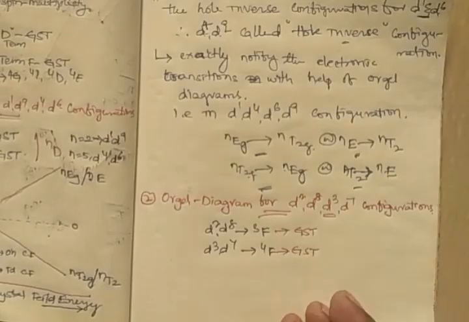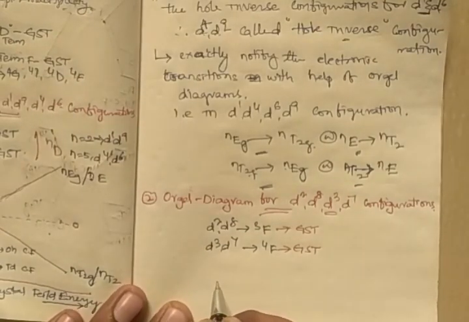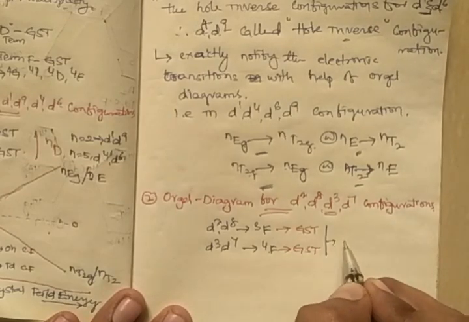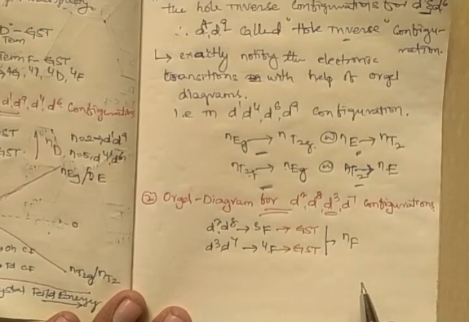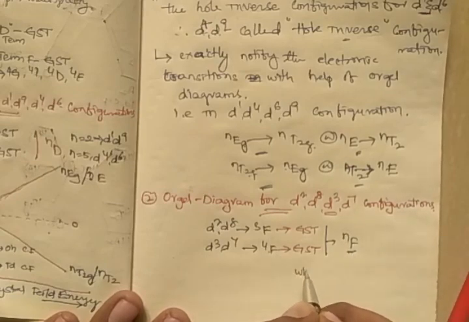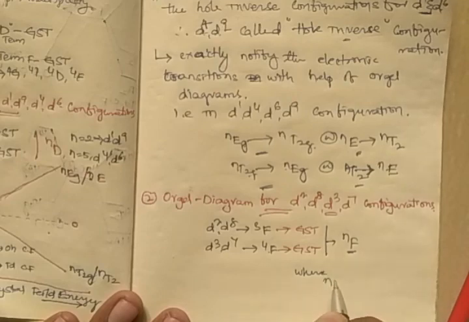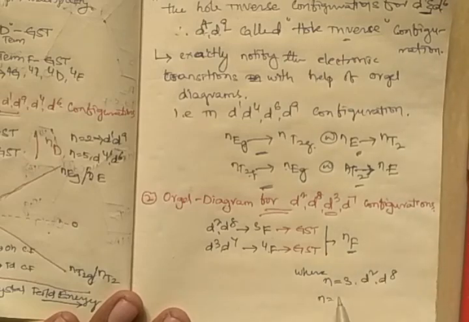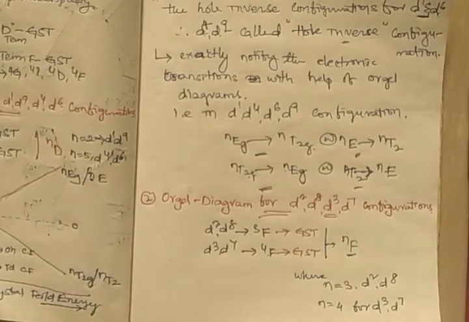To do this, we will summarize these two terms in general as the nF term, where n is equal to 3 for D2, D8 configurations, and n is equal to 4 for D3 and D7 configurations, right?